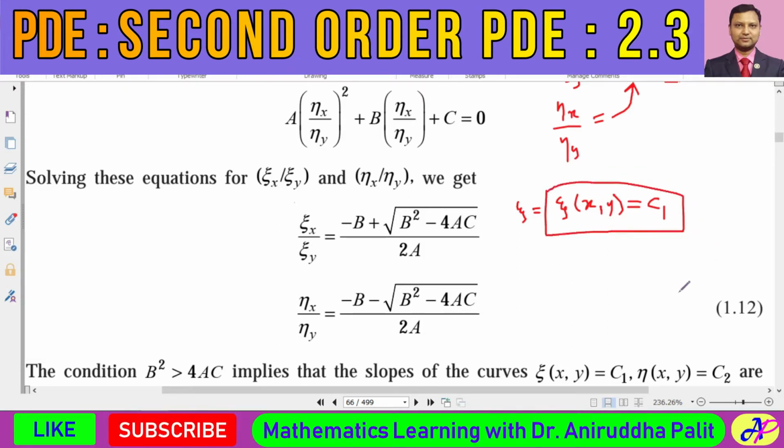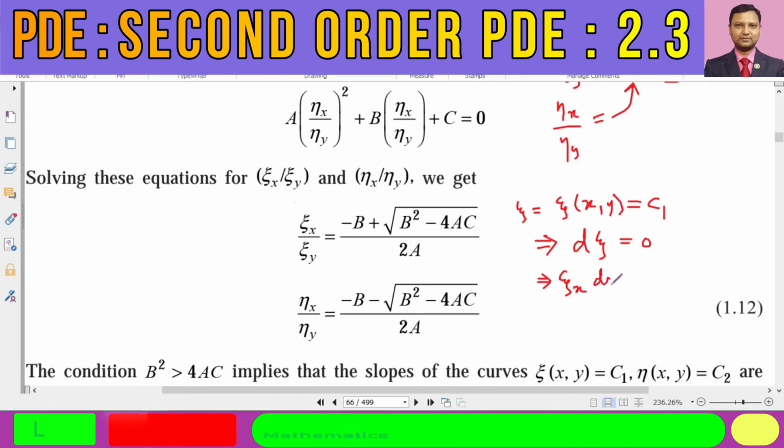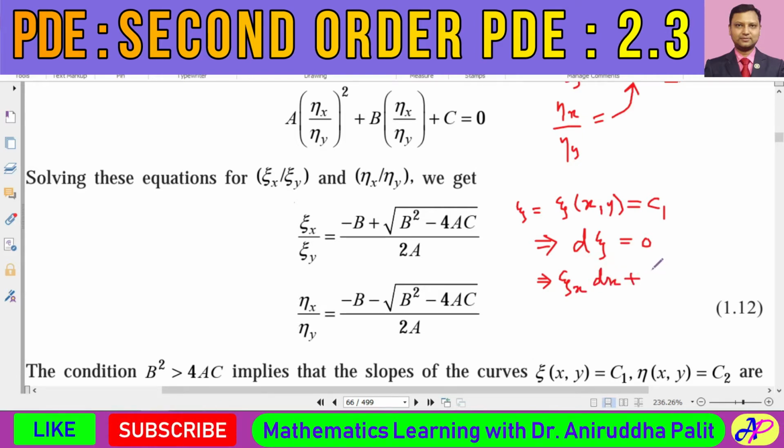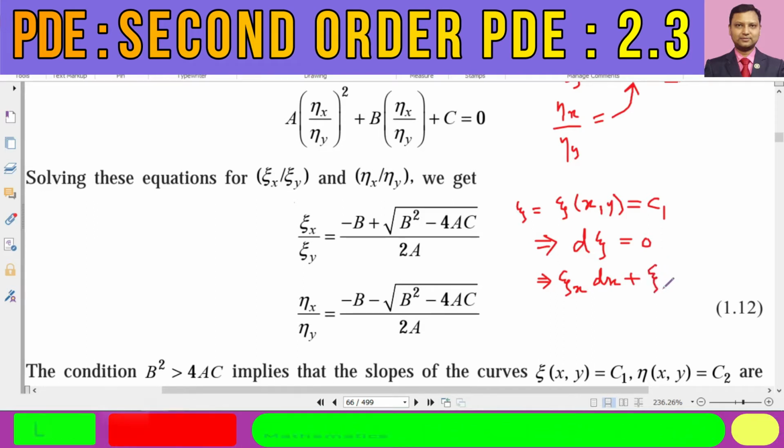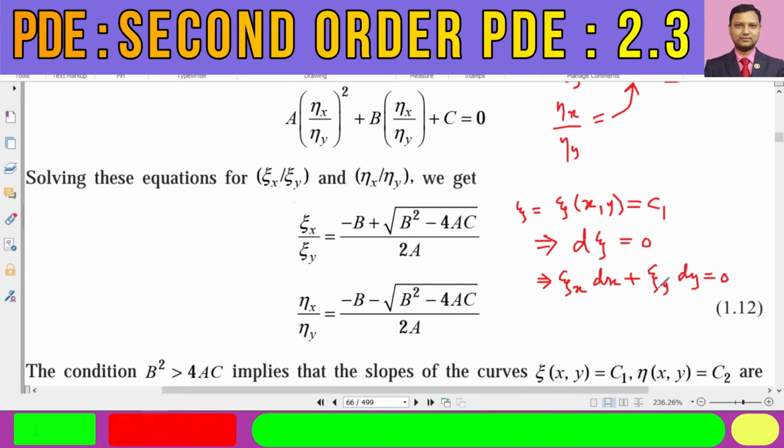If we differentiate this relation with respect to x, or we can also consider the differential, then you see d of xi would be equal to 0, and that differential will give us the relation that del xi del x, or partial derivative xi x into dx, plus del xi del y, or partial derivative xi y, dy is equal to 0.